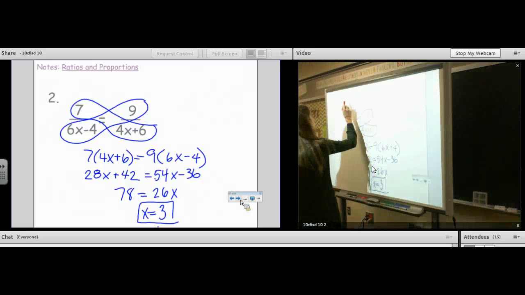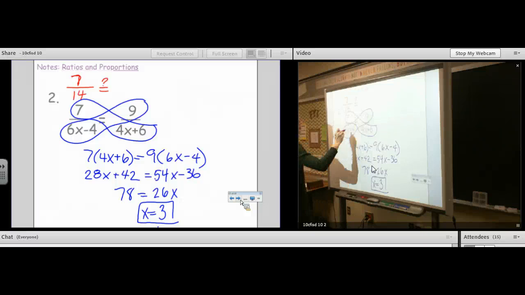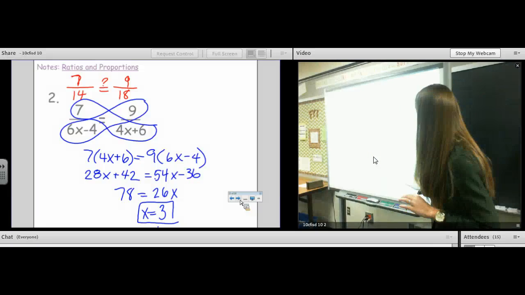That always helps. 7 over, ooh, that was ugly. 6 times 3, 18. 18 minus 4, 14. Does that equal 9 over 4 times 3, 12. 12 plus 6, 18. So 7 is half of 14, 9 is half of 18, so we did it right, and we can move on.